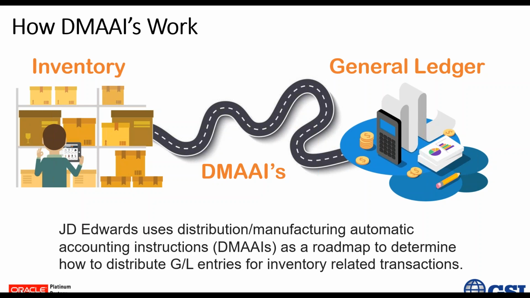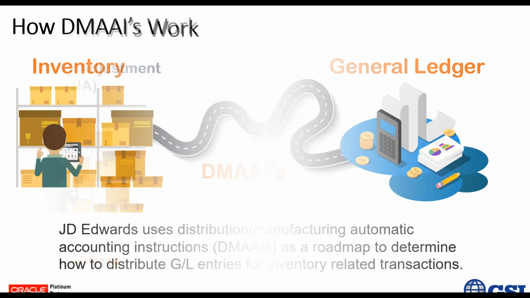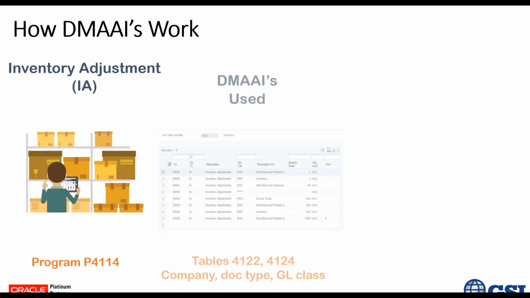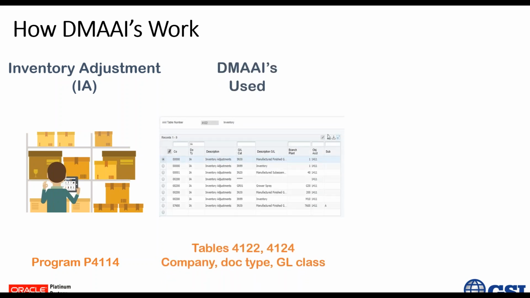A more specific example of that, and go ahead and page down. We'll talk about an inventory adjustment. I'm assuming that most folks are familiar with the inventory adjustment. It is programmed behind the scenes, it's program P4114. So when you go onto your menu and you select that option that says create an inventory adjustment, behind the scenes, it's calling program P4114.